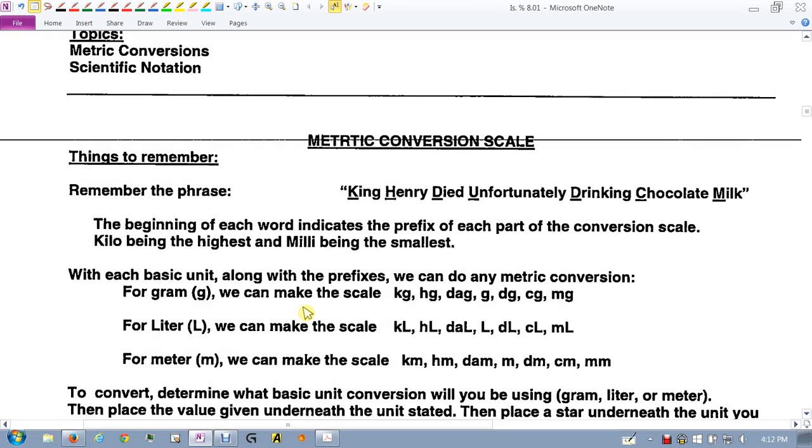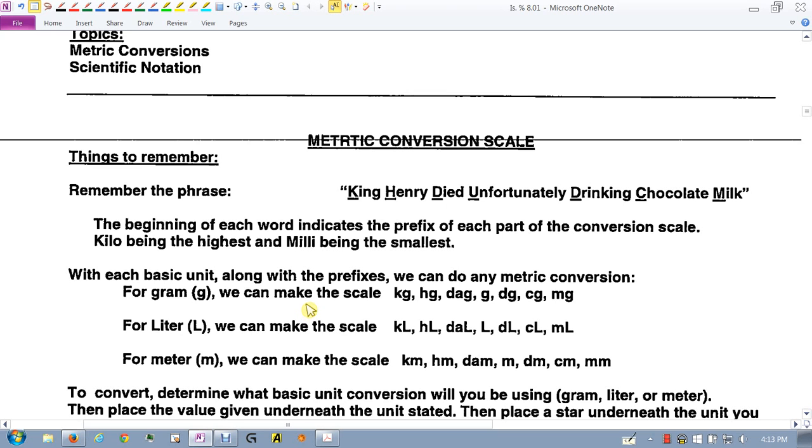So that's the US system, and it's not easy to convert from one unit to the next. Like, how many inches are there in a mile? That's a difficult thing to convert, right? The metric system makes things a little easier to convert because everything is just a matter of moving the decimal point left and right. That's the power of metric.